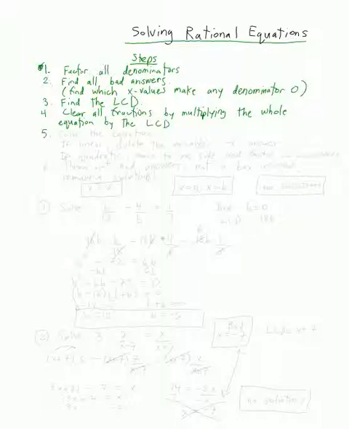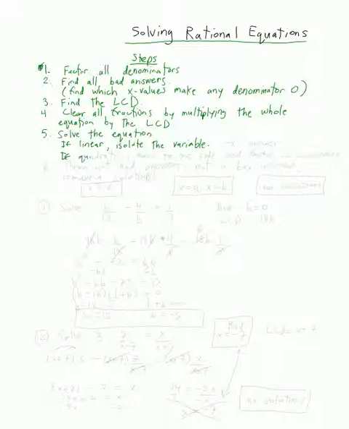Step 5, solve the equation. When I say solve the equation, remember there's actually two types of equations you might get. If it's linear, then remember to solve means just to isolate the variable.